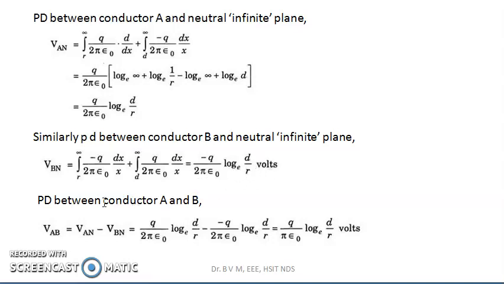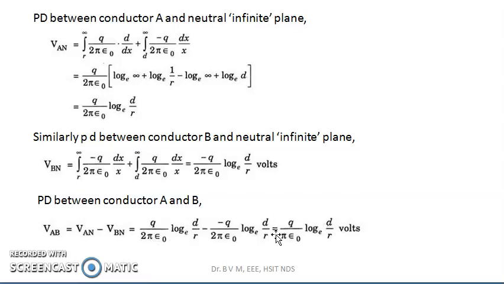Okay, natural log. So the potential difference between conductor A and B is VAB, which is equal to VAN minus VBN. So VAN is q divided by 2 pi epsilon naught natural log of d by r, minus minus q divided by 2 pi epsilon naught natural log of d by r, which after simplification we'll get q by pi epsilon naught natural log of d by r volts.